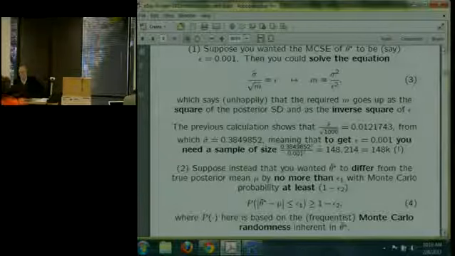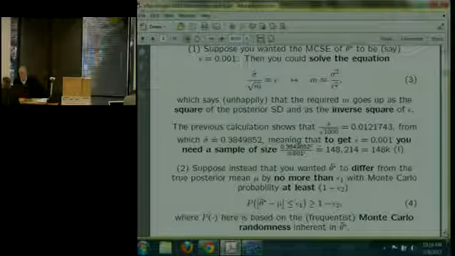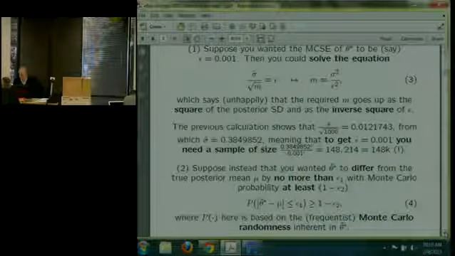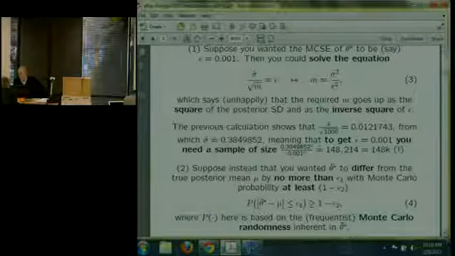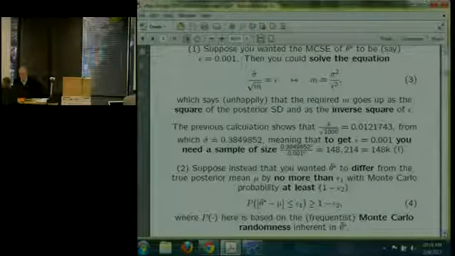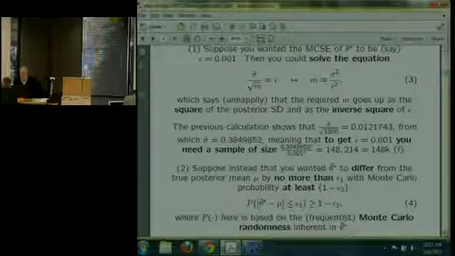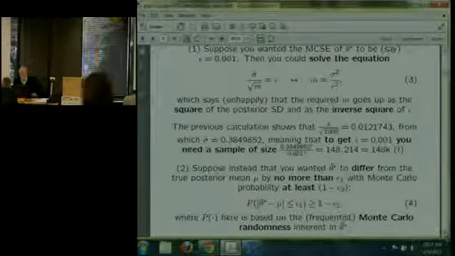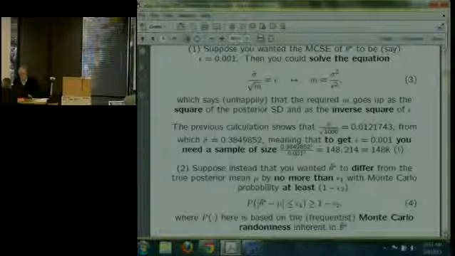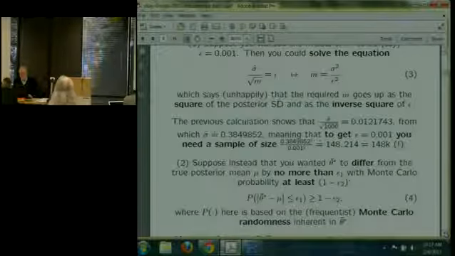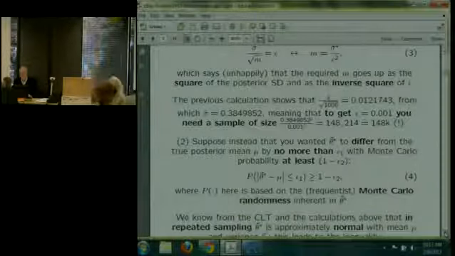So in other words, I could pick epsilon 1 to be some number like 0.001 on the scale of the data, and I could pick epsilon 2 to be some small tolerance on the probability scale like 0.05, and then this would be a more stringent requirement than what we had before, because we're asking this thing to occur at least 95% of the time with respect to Monte Carlo randomness.